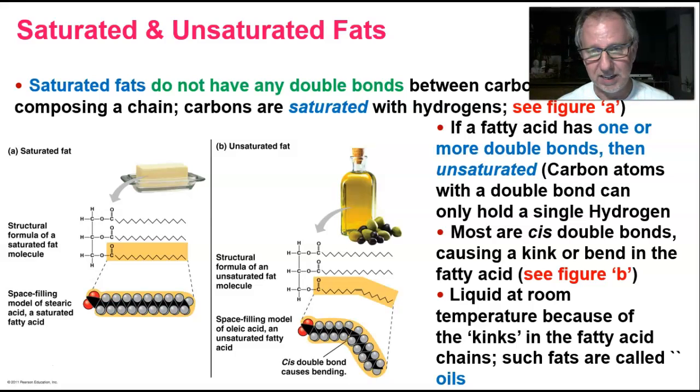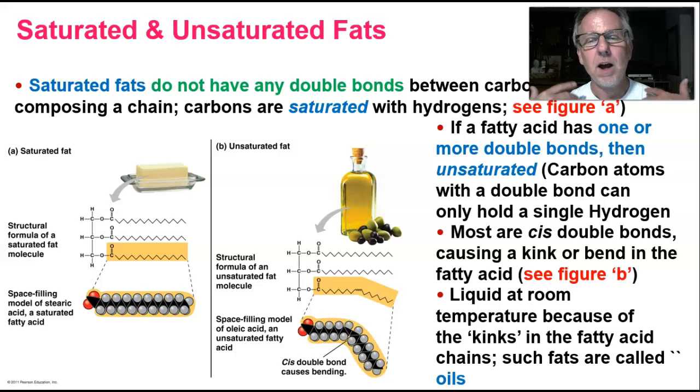They're a liquid state. And they have to be much colder than that to become a solid. So unsaturated fats are liquid at room temperature, and they are what we call oils. Oils are unsaturated fats that are liquid at room temperature. So think of canola oil, or corn oil, or olive oil, peanut oil, safflower oil.